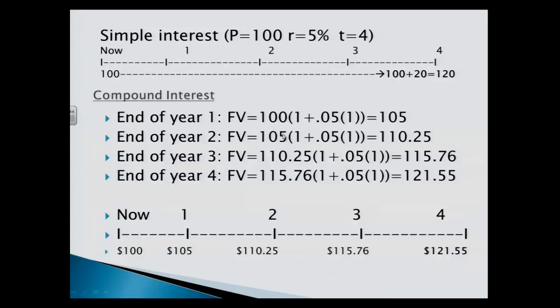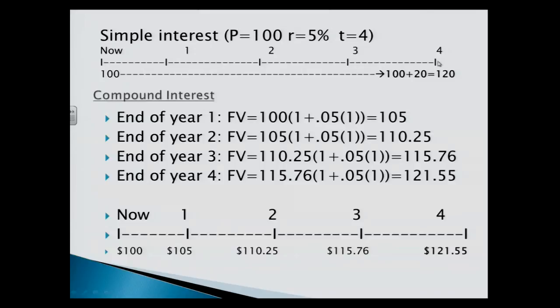You've added on the interest. So you use that in the formula for one more year, and now you have $110.25 at the end of 2 years. For the next year, between 2 and 3, you use the $110.25 as the new principal. And at the end of the third year, you have $115.76.